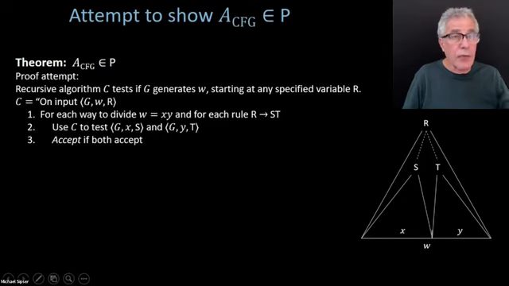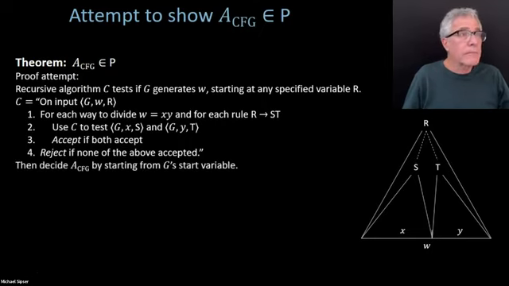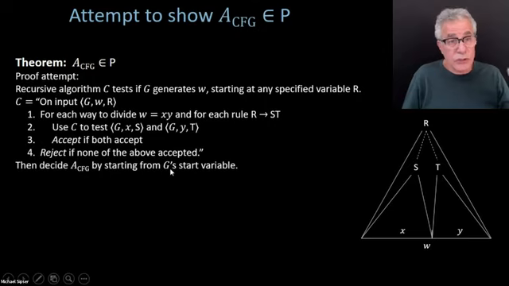I know I can generate W from R. And if there's no way of cutting W up to satisfy that, or if I can't find any way to divide W into XY and a rule R goes to ST which makes this work, if all possible ways fail, then you can't get from R to W. And then you can decide the original ACFG problem now by starting from the start variable instead of just any old R. You plug in the start variable for R.